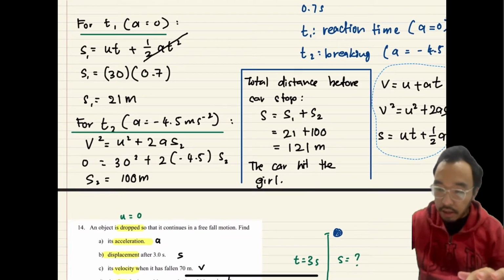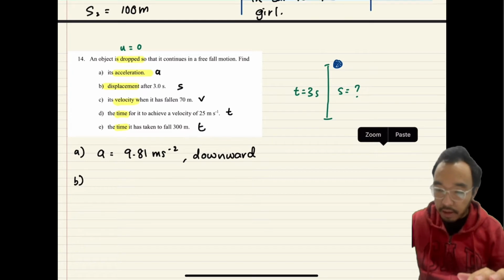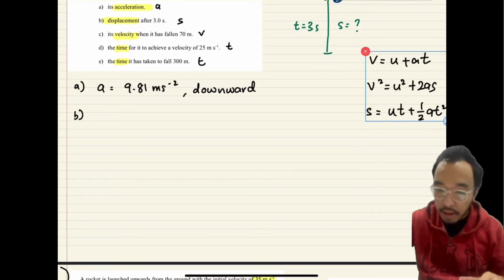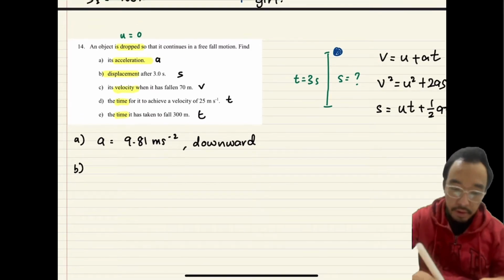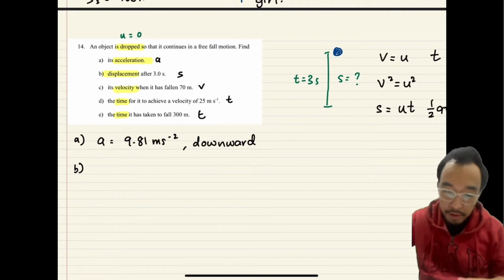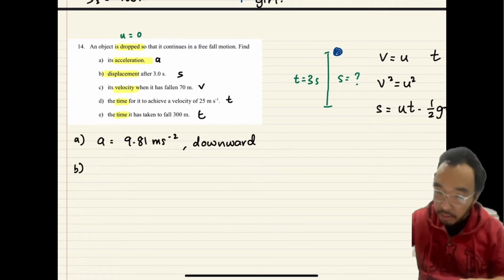I'm going to take this formula here and replace the A with G. This one is a free fall case. So I'm going to put negative G, replacing A with G.